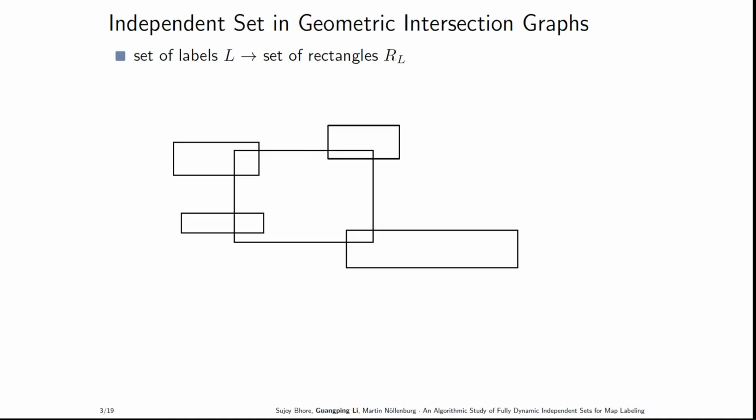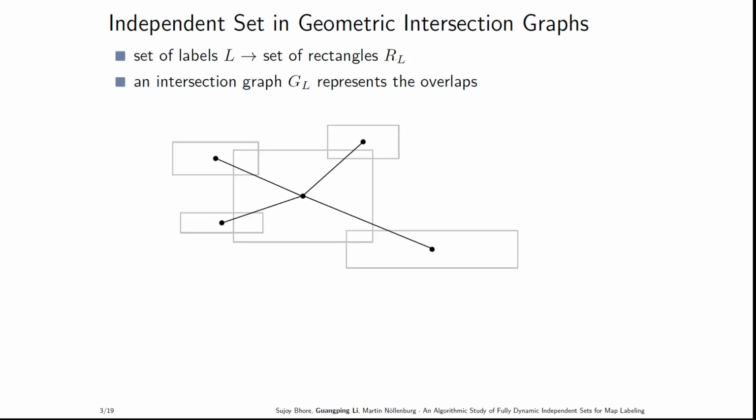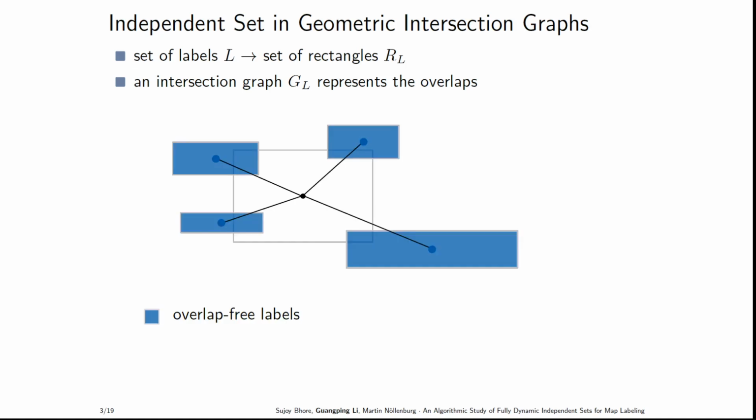Given a set of labels, their bounding boxes build a set of axis-parallel rectangles. And the geometric intersection graph introduced by this rectangle set represents their overlaps. Thus, an independent set in this intersection graph corresponds to a set of pairwise overlap-free labels.